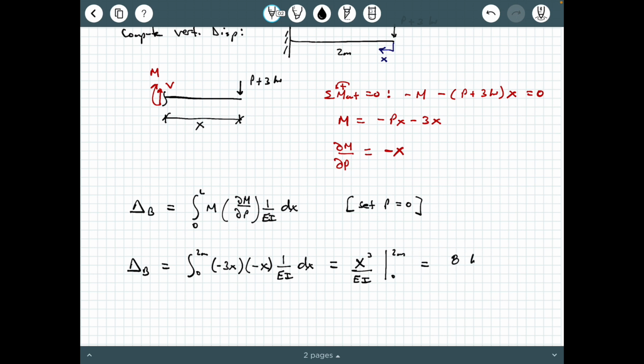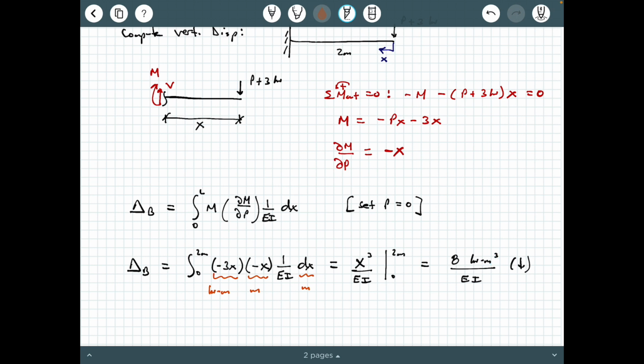You get 8 kilonewton meter cubed over EI, and it is deflecting downward. Let's check the units on this. The 3x has units of kilonewton meters. The negative x is going to have units of meters, and the dx also has units of meters, so that's where we get the kilonewton meter cubed.